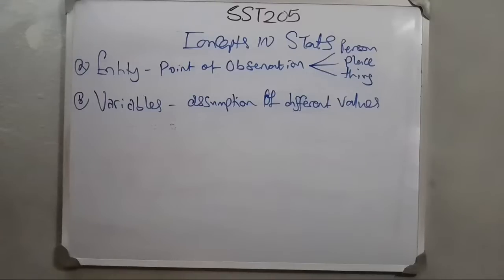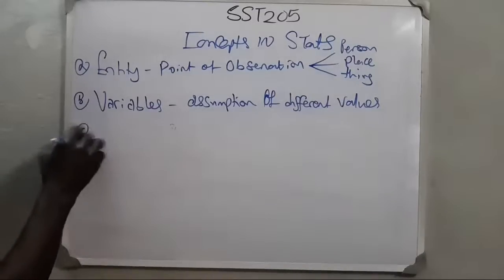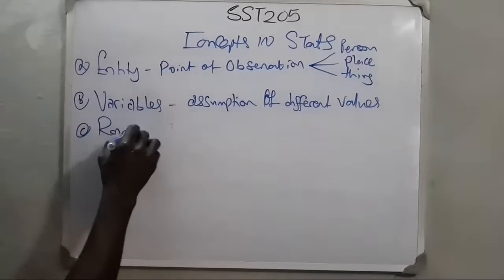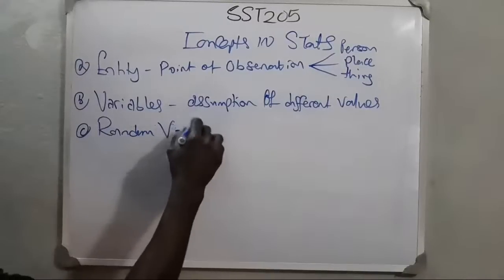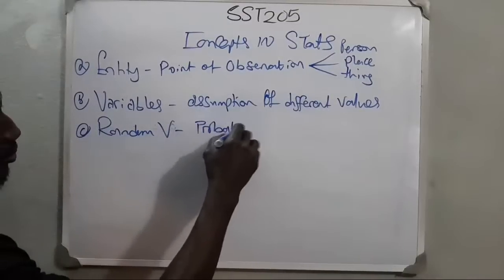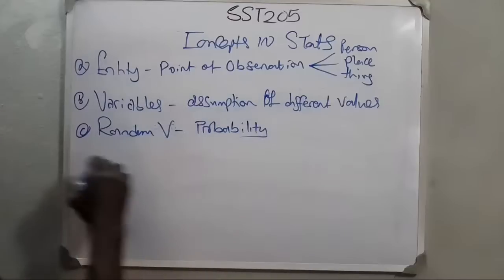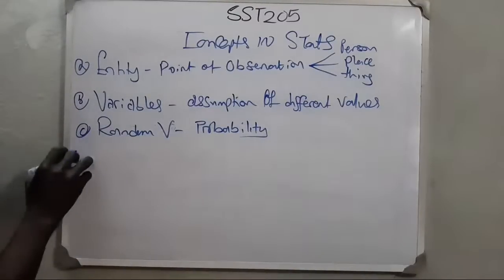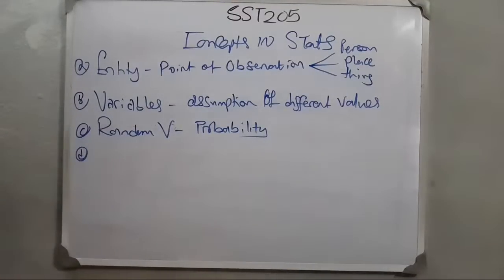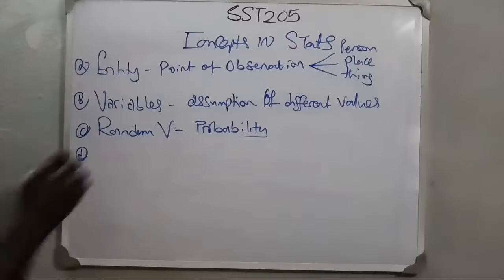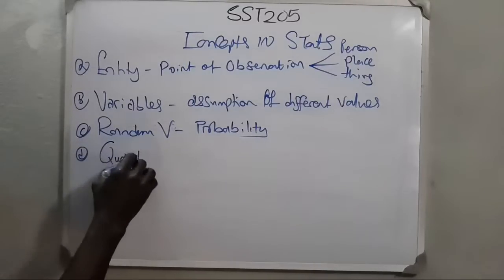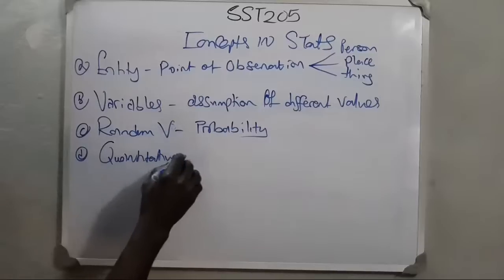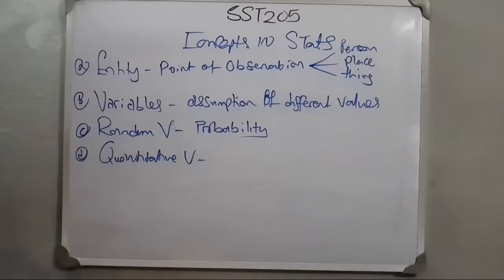Now we also have something called random variable, which is more of probability. Random variable, possible guesses. Okay, so we have quantitative variables. Quantitative, from the name, can be quantifiable.